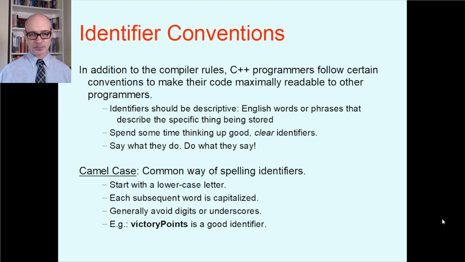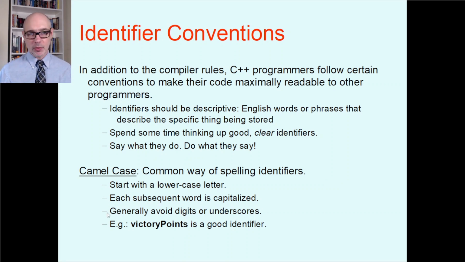Okay, as far as the spelling goes, we frequently type our identifiers in what's called camel case. It's a common way of spelling our identifiers. And what you do for that with a variable is you start with a lowercase letter, right? Start lowercase. If you have a phrase with multiple words in it, we capitalize the first letter of each of the subsequent words.